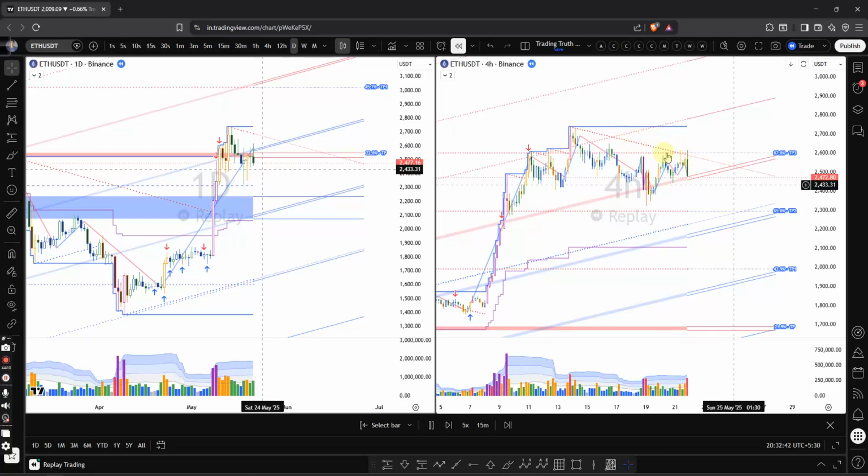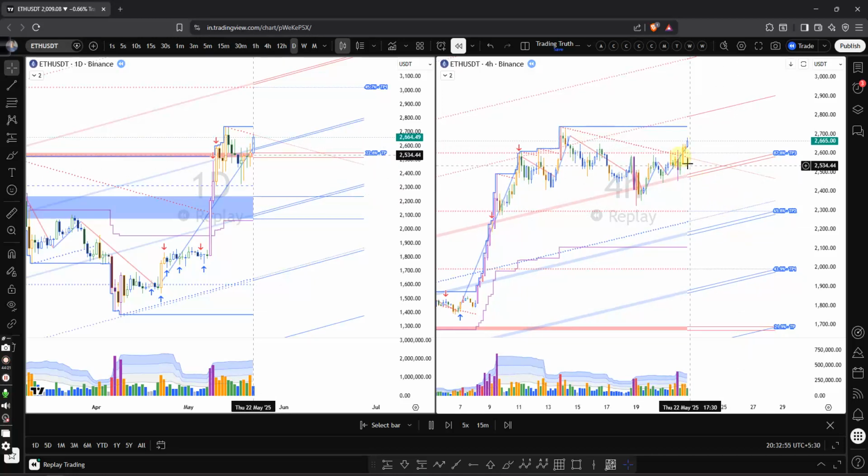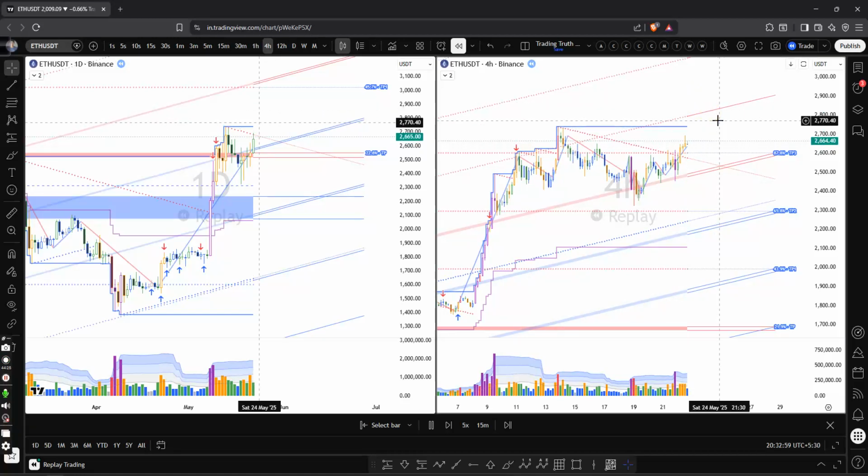Very strong resistance there. Let's see if it tries to break or not. It did break. So I'll just stop my commentary and just watch and feel the market.